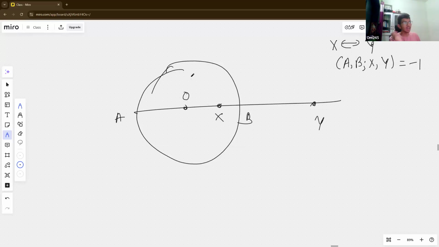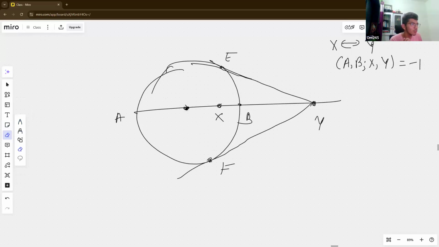But now there is another cool thing: take tangents from Y to the circle. Okay, wait, these do not have to pass through Y actually. Oh yeah, okay, don't consider inversion. Just consider the normal points.